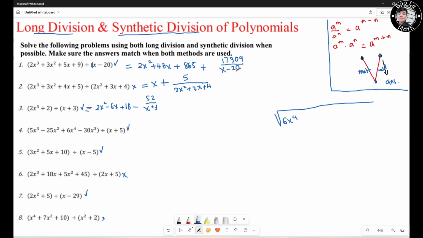The next one, 5s cubed minus 30s cubed, is going to be negative 25s cubed. And then this is minus 25s squared. There are no first-degree terms, no constant terms.